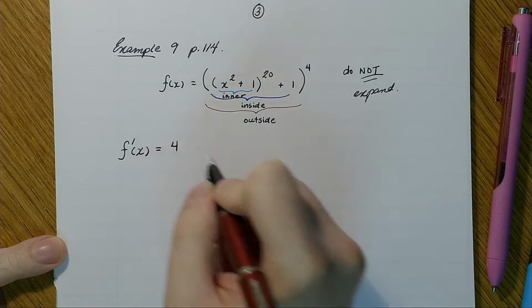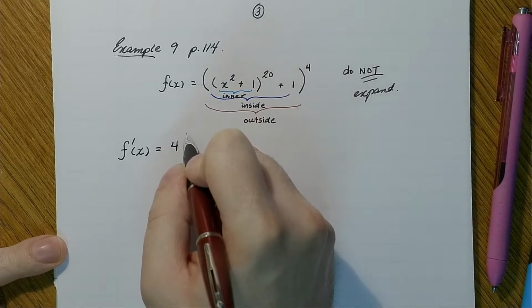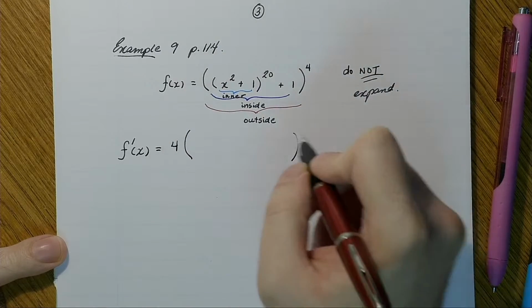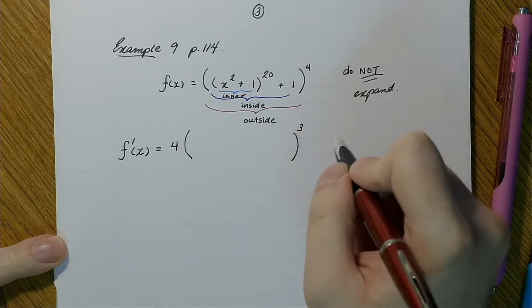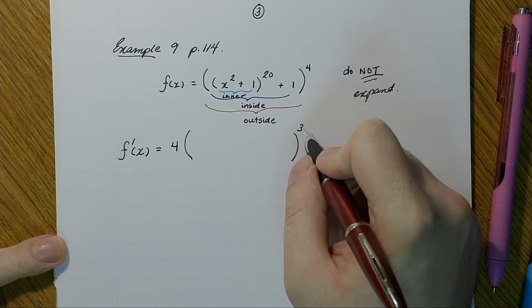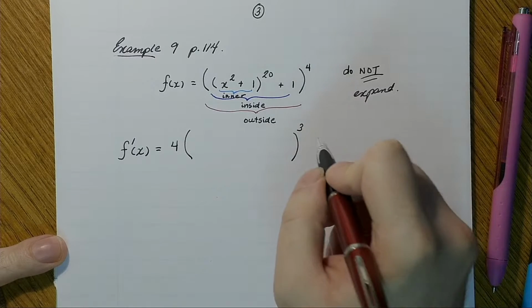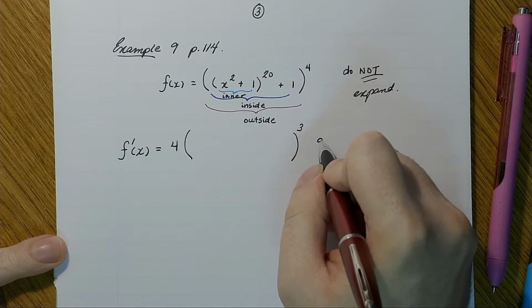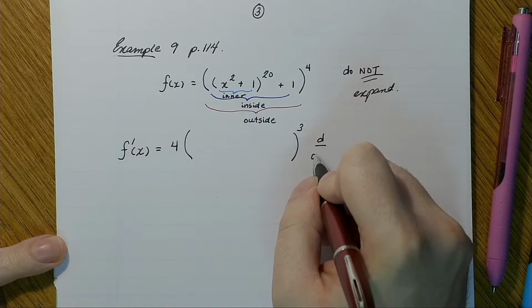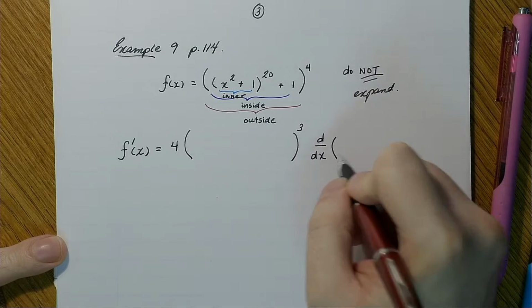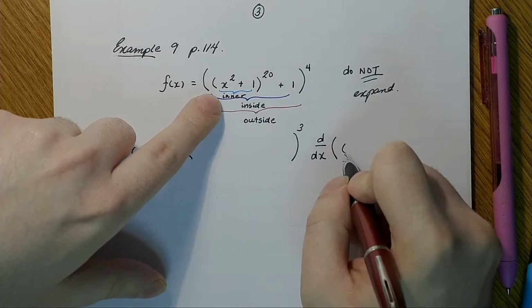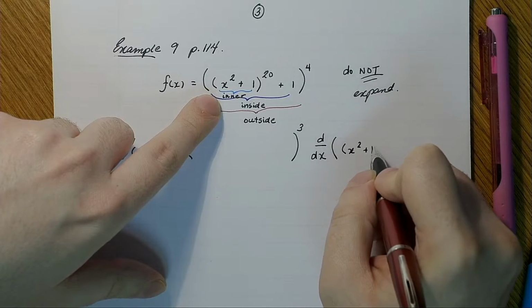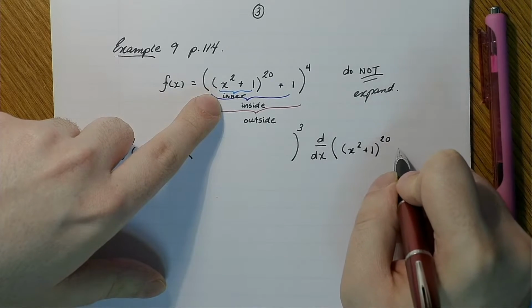So I have 4 comes down in front of the big outside, this entire thing. And this reduces by 1 degree, so this drops down to 3. And then I still have to take the derivative of the inside. In this case, the inside is x squared plus 1 to the 20 plus 1.